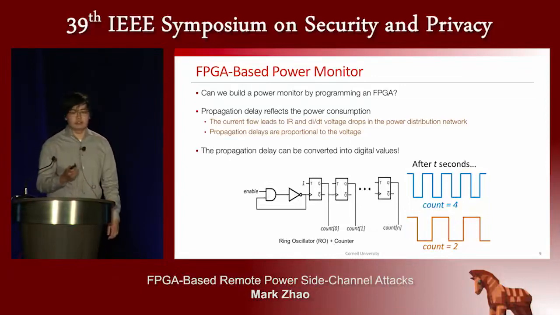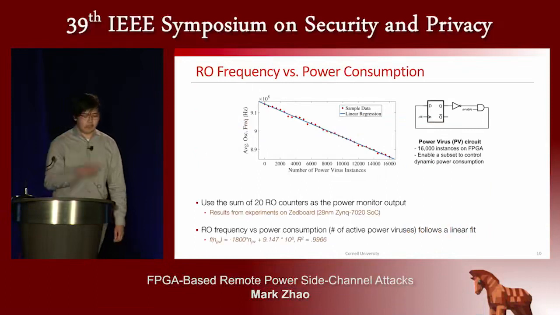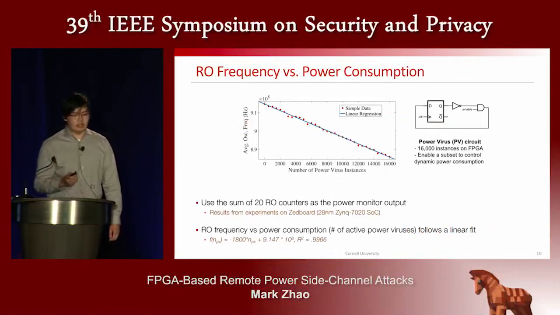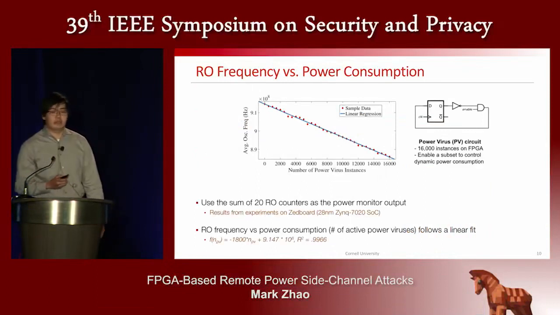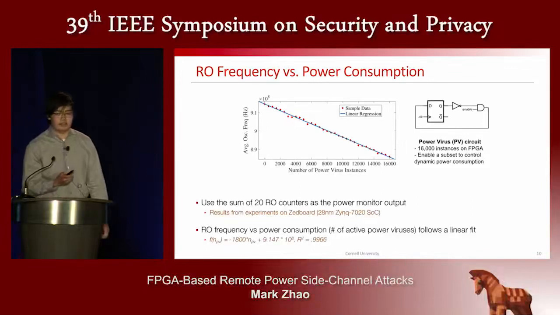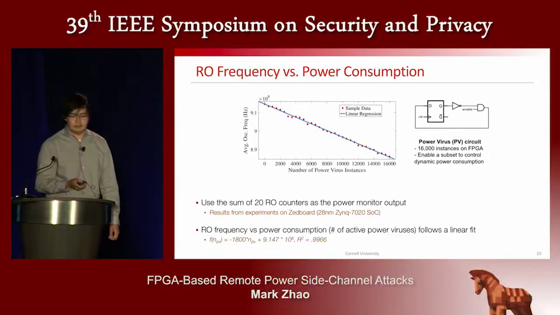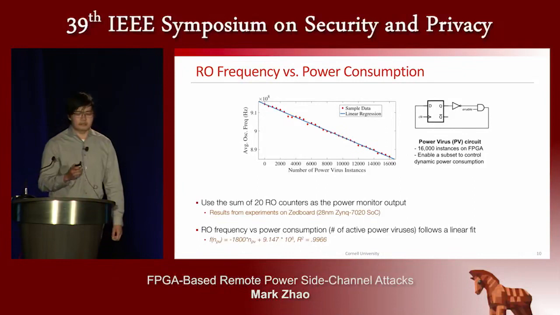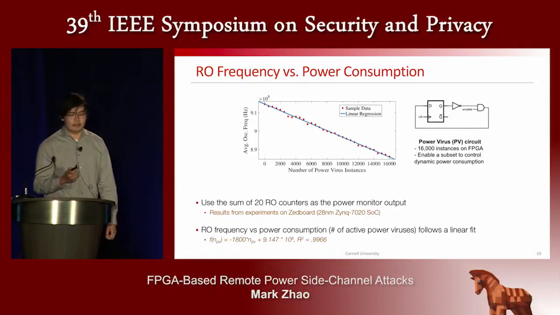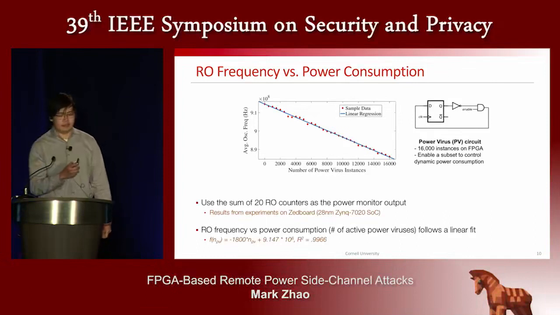If the voltage supply is low, which means more power consumption, we might have a lower counter value. So just to show that our conjecture works, we implement a network of 20 ring oscillators on a ZedBoard, or a Zynq 7020 system on chip. And alongside those ring oscillator power monitors, we implement 16,000 instances of a power wasting circuit as shown to the right.